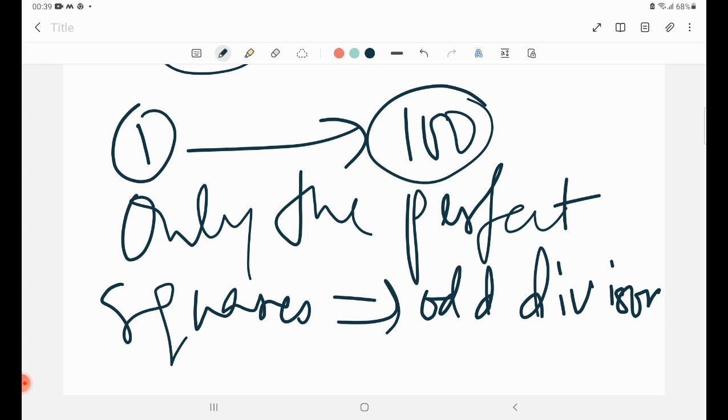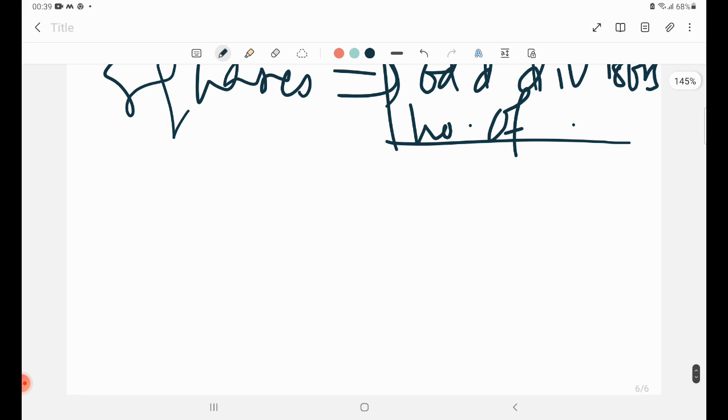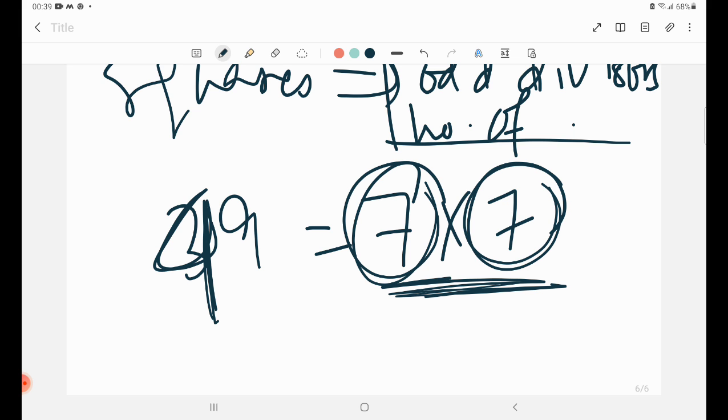What is the reason behind that? Take 49: the unique divisors are always odd because of this repetition, the divisor 7 repeating.